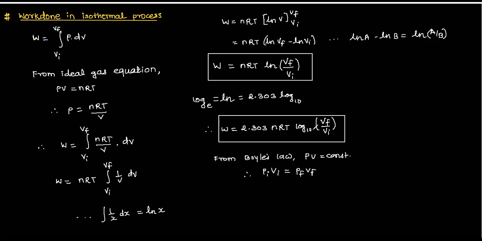So now Vf by Vi, I am transferring this side, so I am getting Vf by Vi is equal to Pi by Pf.